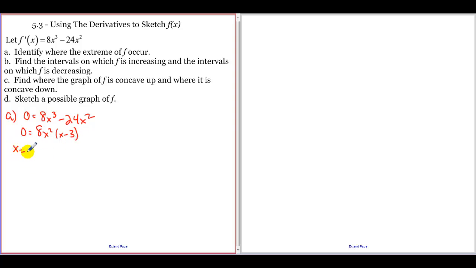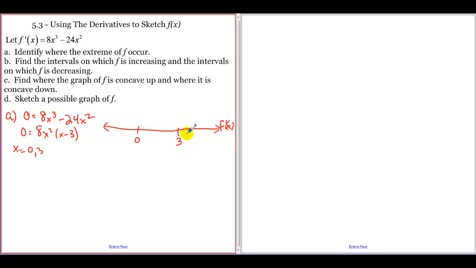And our critical points are 0 and 3. So on my little number line, again, we're going to be looking at the sign of our derivative at 0 and at 3.